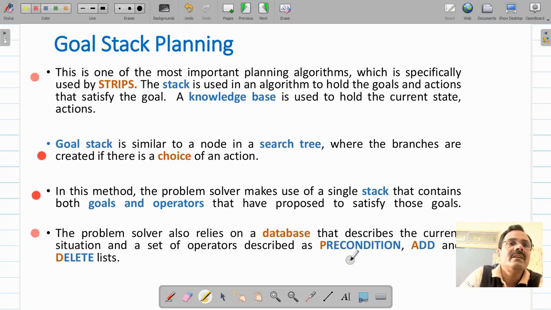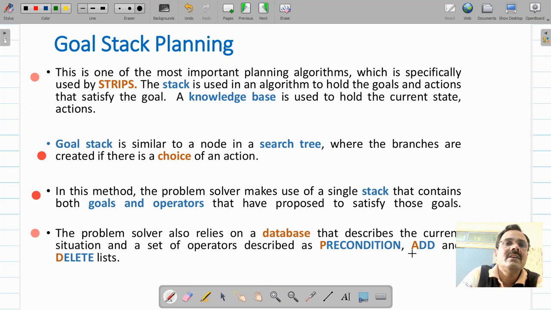So every operator has three lists: precondition, add and delete. PAD we call them. Precondition specifies the set of conditions which has to be satisfied to perform that operation, to use that operator.